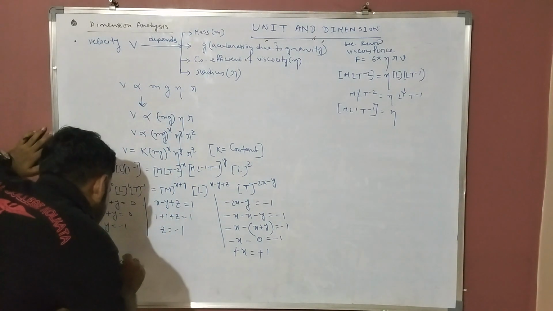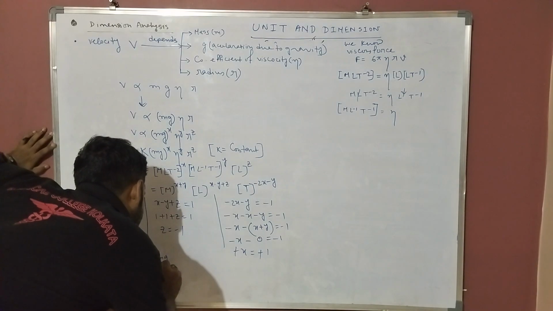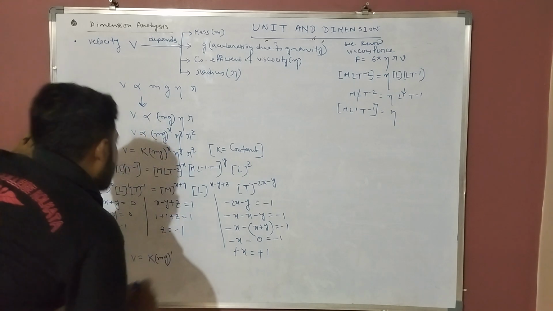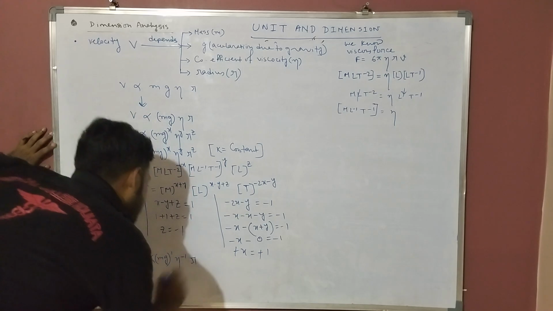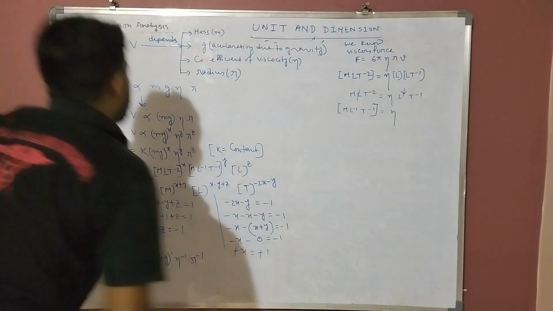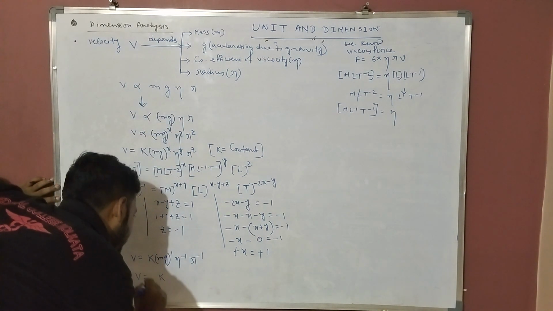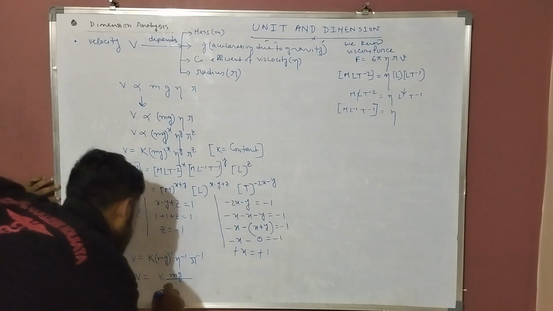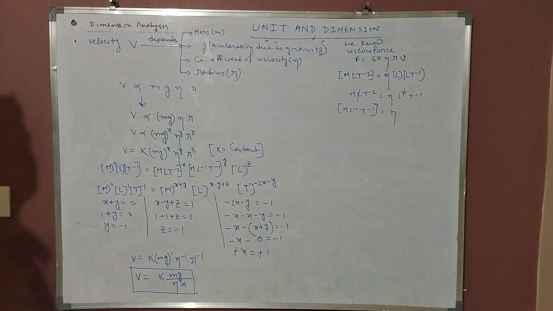So the velocity v is equal to k into mg to the power x, meaning plus 1, eta to the power y, meaning minus 1, radius r to the power z, meaning minus 1. So we can write v is equal to k mg by eta r. This is the mathematical expression of velocity. Understood or not?